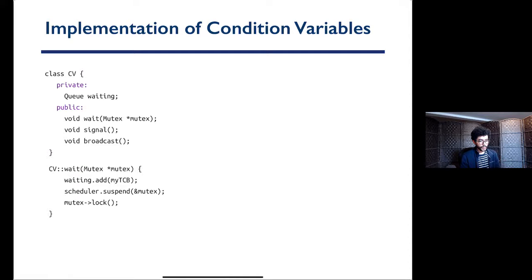Now wait is going to get a mutex. It adds the running thread to the waiting list. It then calls onto the scheduler's suspend function. It passes the mutex inside the suspend. We're going to release the mutex, and we're going to put this guy to sleep.